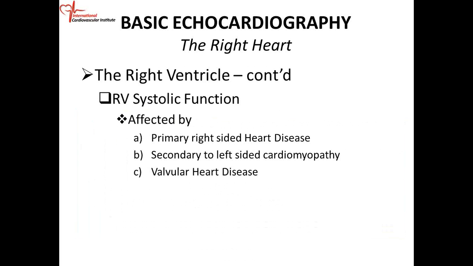And there are others. And then you have secondary to left-sided cardiomyopathy. So when you have disease affecting the left ventricle, you name it, any disease that affects the left ventricle, it's going to put pressure all the way back into the pulmonary circuit, which will eventually affect the right side of the heart. So the most common cause for right ventricular dysfunction is left ventricular dysfunction, because commonly you have cardiomyopathy, heart attacks, hypertrophic cardiomyopathy.